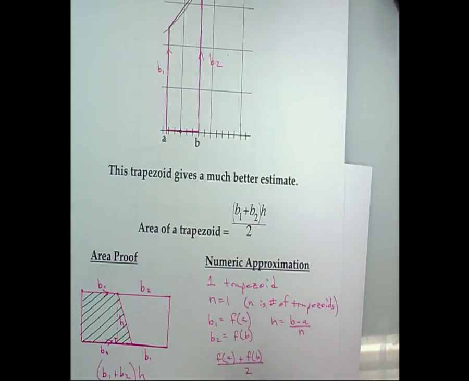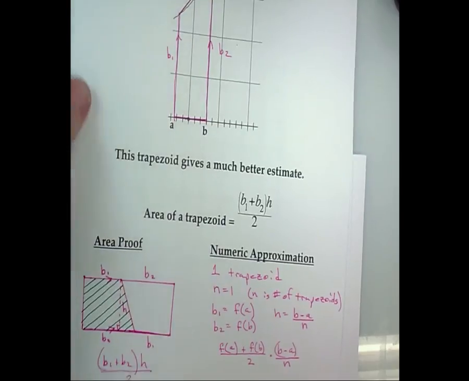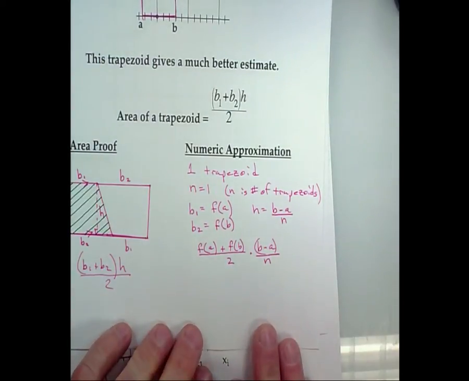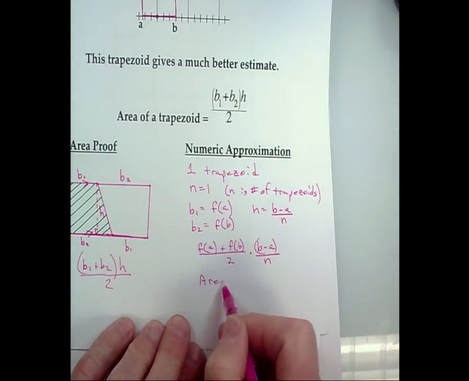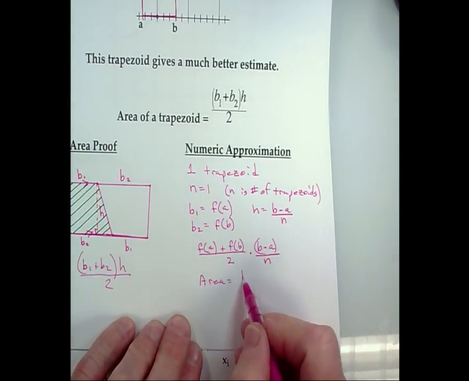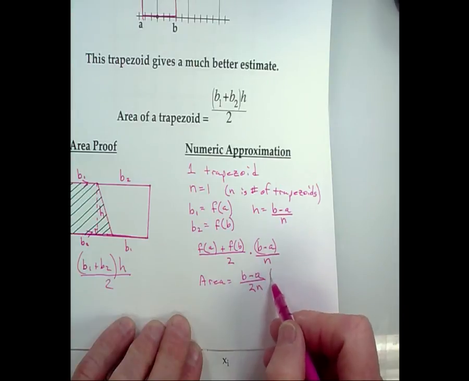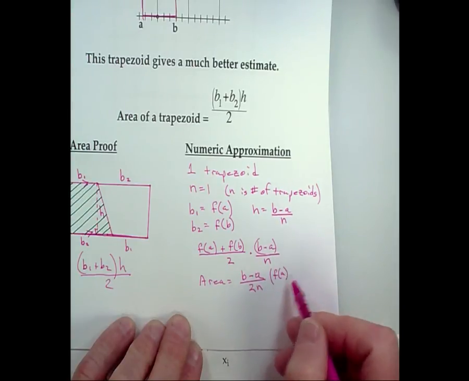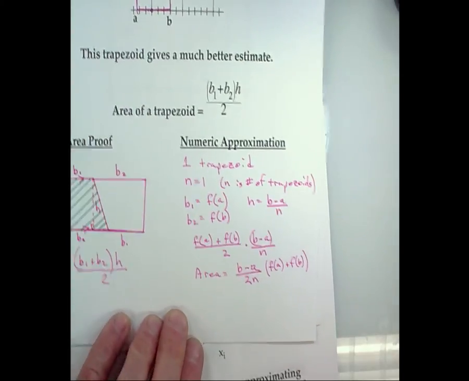So right here I'm going to have B minus A over N. So my area, I could say, is this: B minus A over 2N times F of A plus F of B. Adam, are you okay with that?